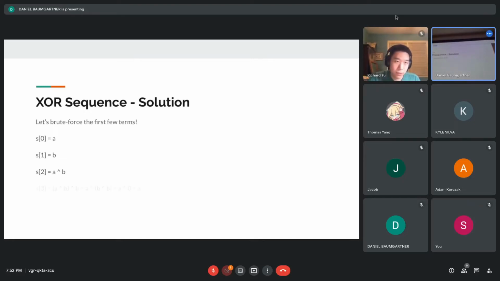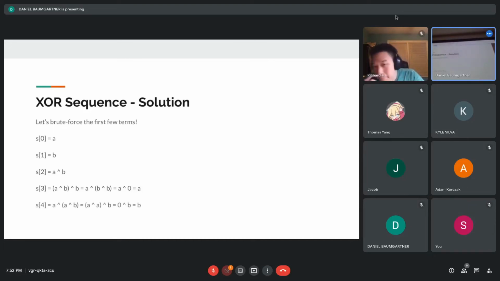Now we apply the recurrence relation, or the formula, onto the next term. And here we see that we now have A XOR B XOR B. Using the rules, we can think of it as one big XOR string, A XOR B XOR B, from associativity. Then B XOR B cancels, and we're just left with A. That comes from the structure of XOR itself.